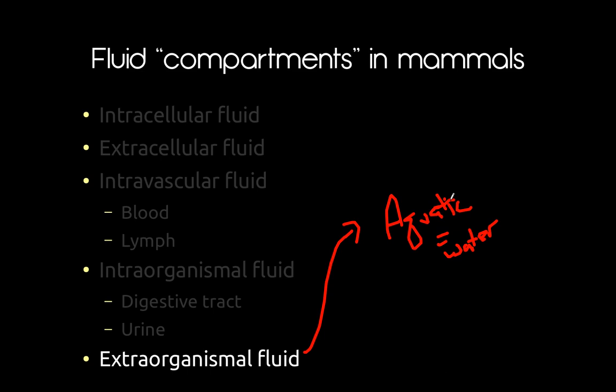It's outside. You can do some exchange with it as you interact with it, but it's not inside your body as of yet. And so this is really part of the environment, not part of you quite yet. And it'll do most of its interacting with you, at least for terrestrial animals, if it becomes eventually this intraorganismal fluid. Okay, so that's the basic compartments that we're talking about.